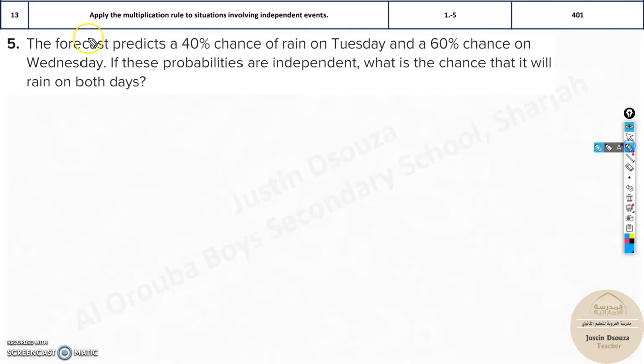Okay, I thought I'd stop, but I'll do this anyway, because this is a different type of problem. A forecast predicts a 40% chance of rain on Tuesday. Tuesday, T, it's 40%, that is 0.4. And what about Wednesday?